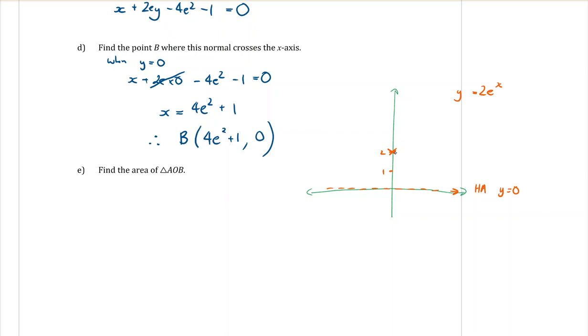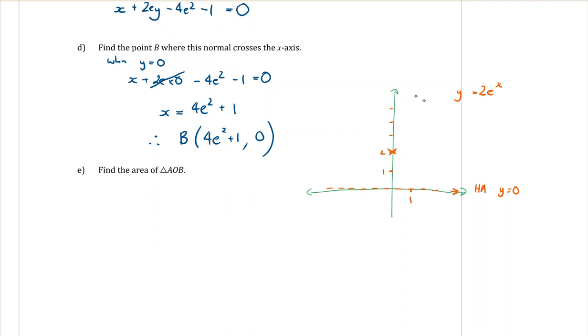We did find point A. What was the coordinates of point A? 1, 2e. Yes, all right, so let's put that on here. 1 and 2e. 2e is 2.7 times 2, so that's about 5.4. So up here somewhere, it's not perfect scale, it's just to give us an idea of what's going on.